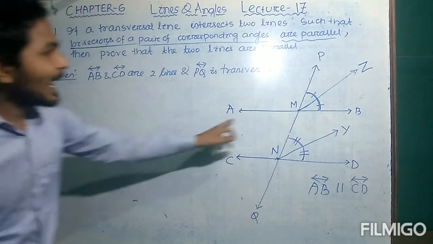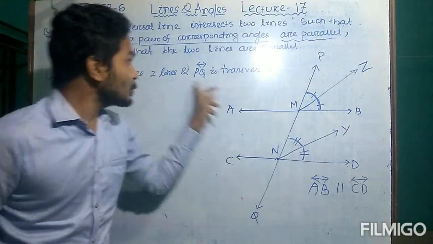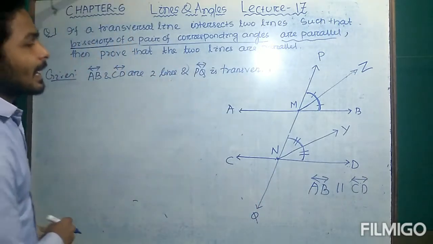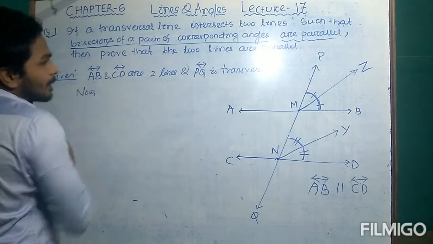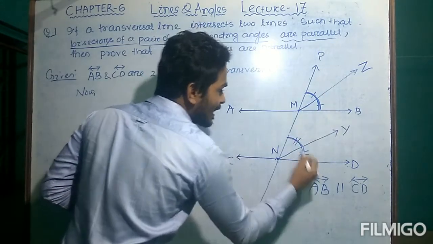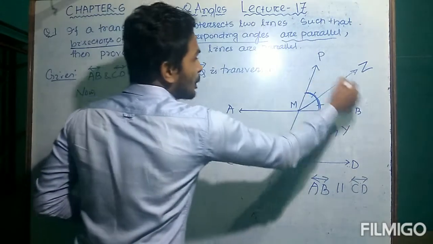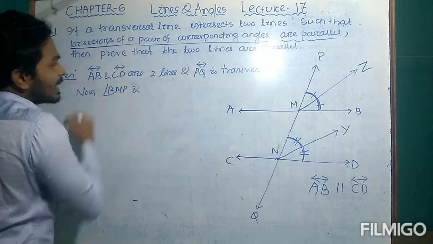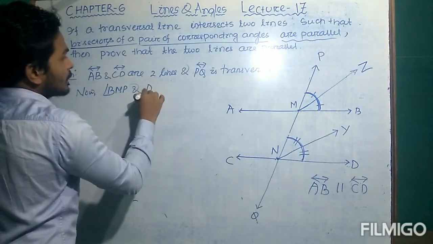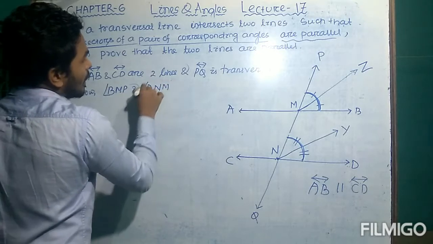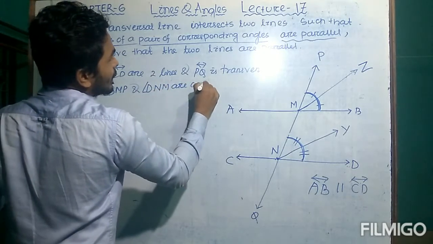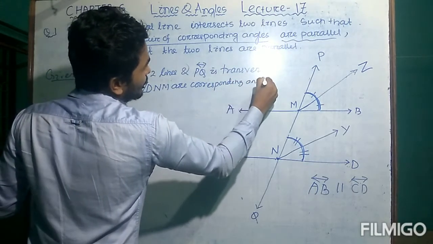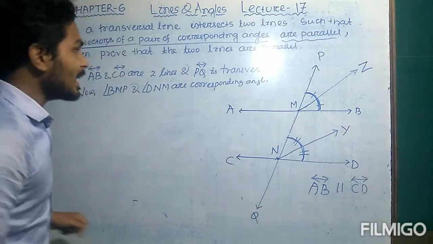So it is given that AB and CD are two lines and PQ is the transversal line. Now this angle and this angle are corresponding angles. So BMP and DNM are corresponding angles. Understood?